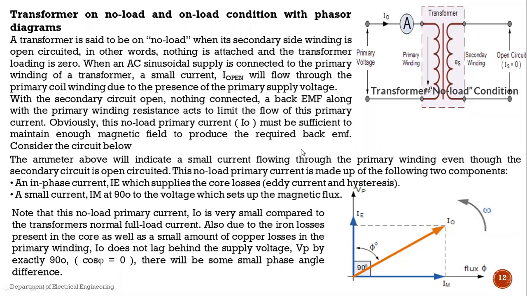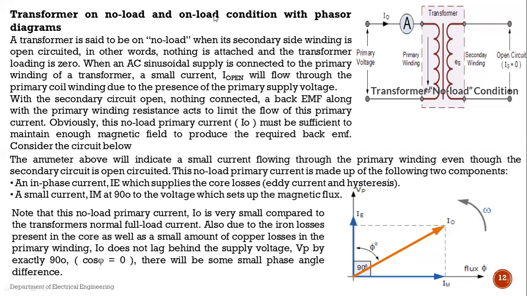Here IM is the magnetization component of the primary current, and IE is the working component of the primary current.